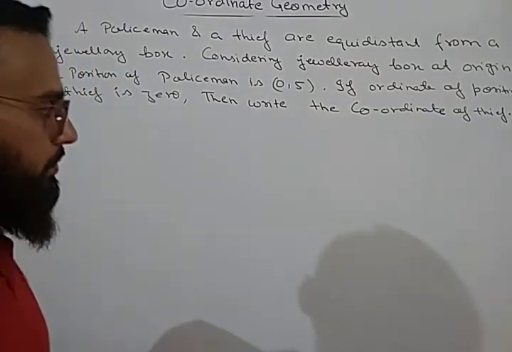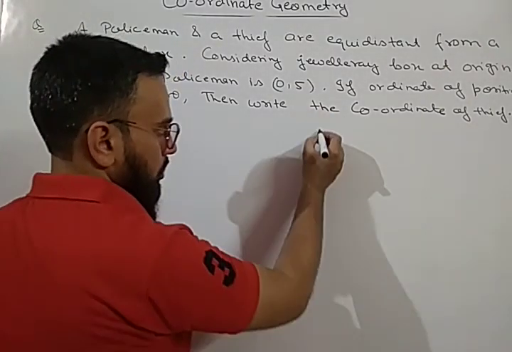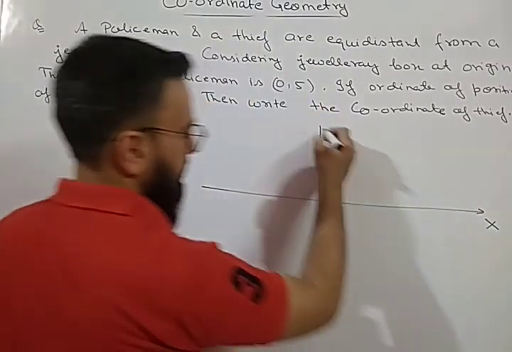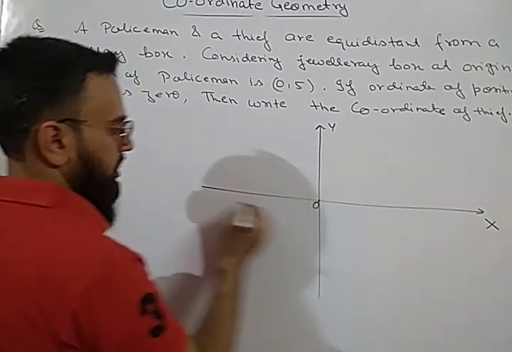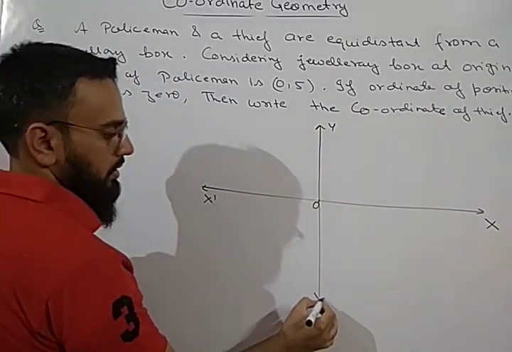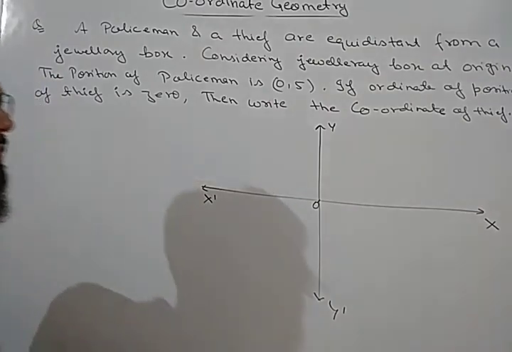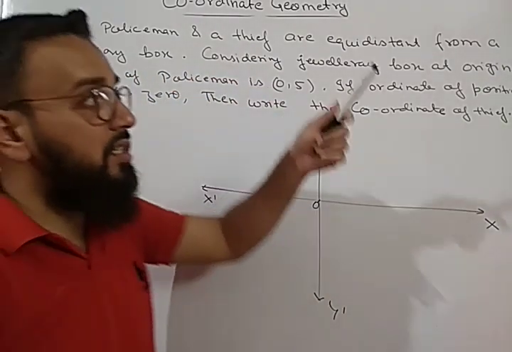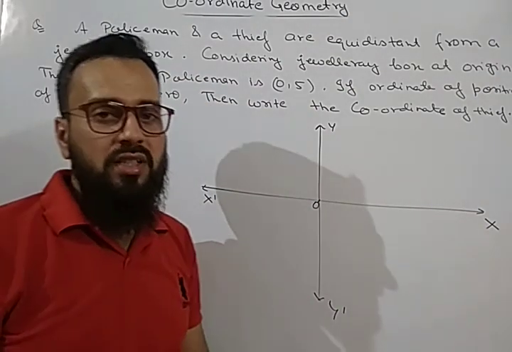Very important question. First let us draw the diagram on the graph paper. This is the x-axis, this is the y-axis, this is the origin, this is the negative x-axis, and this is the negative y-axis. Now what is given to us? The policeman and the thief are equidistant from a jewelry box. What is the meaning of equidistant?